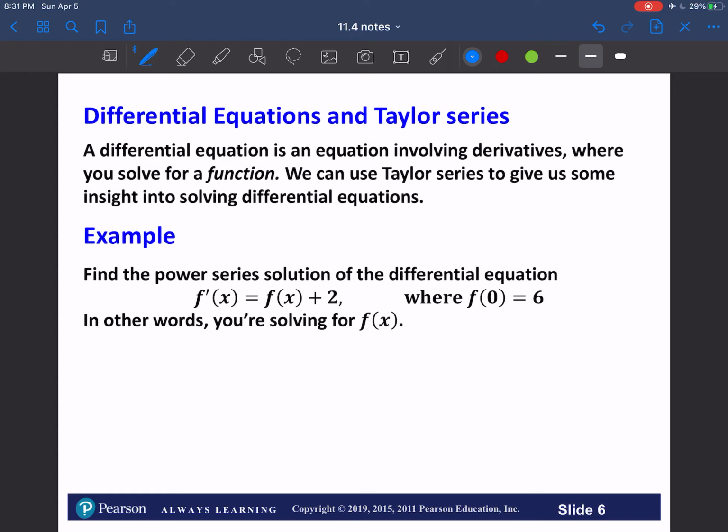All right, so one thing that we can do is take this differential equation and differentiate it a bunch of times, and then plug in 0.